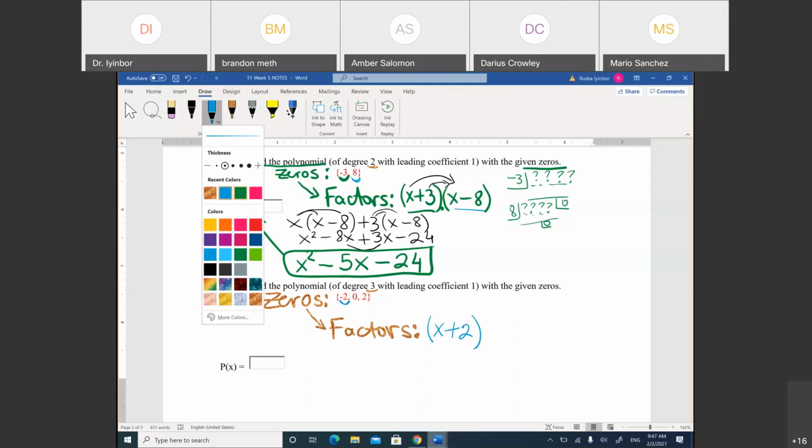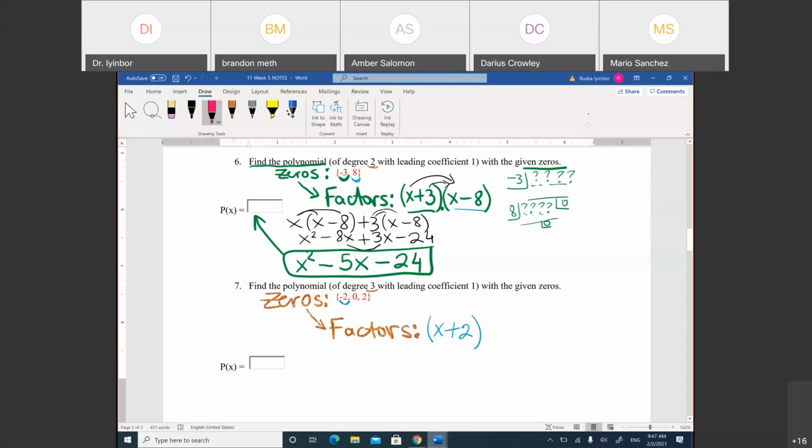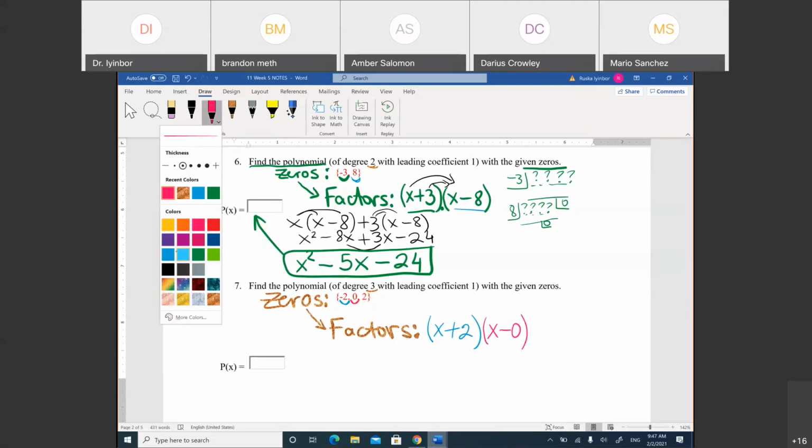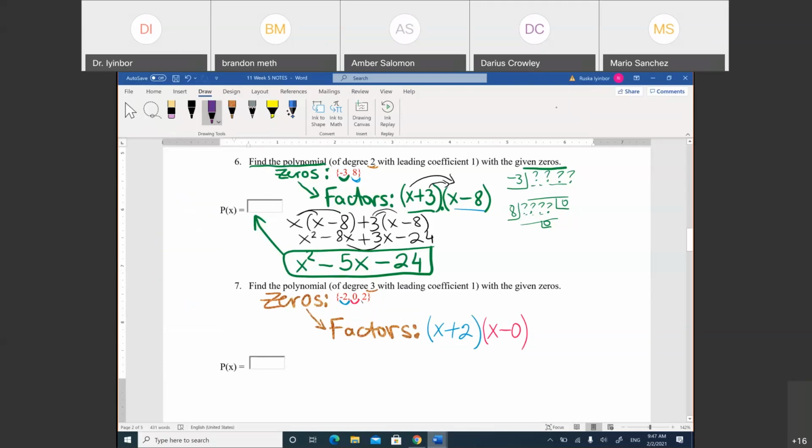The next zero is the number 0, so I'm going to just put x minus 0 or plus 0, doesn't matter. And then we have one more zero, the number 2, positive 2. So the 2 gives me factor x minus 2, the opposite of it. So these are the 3 factors.